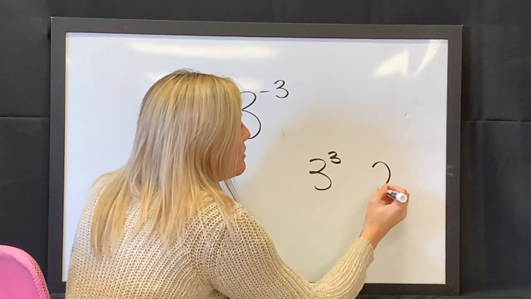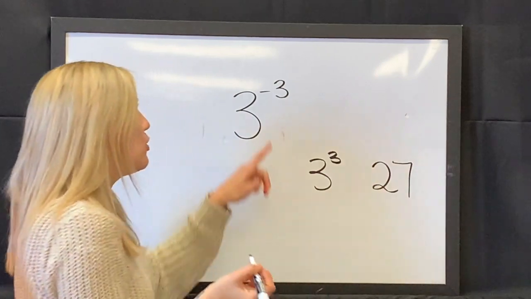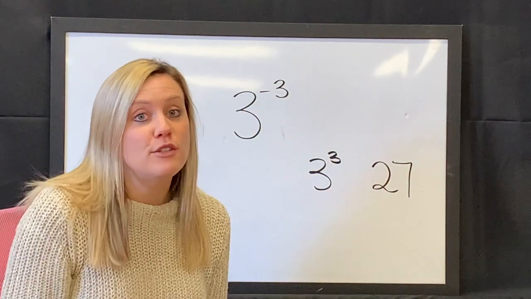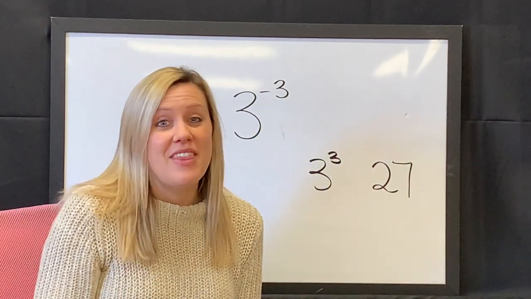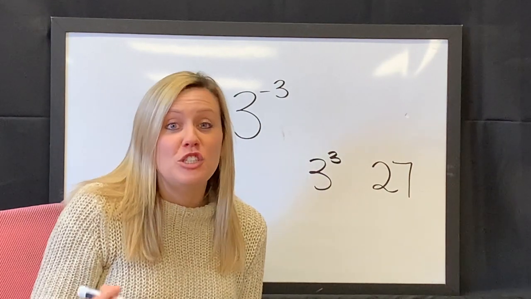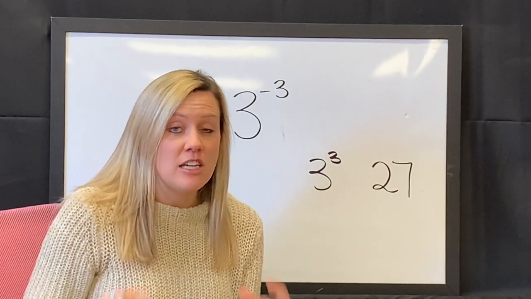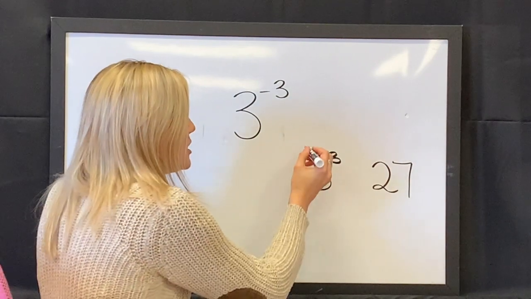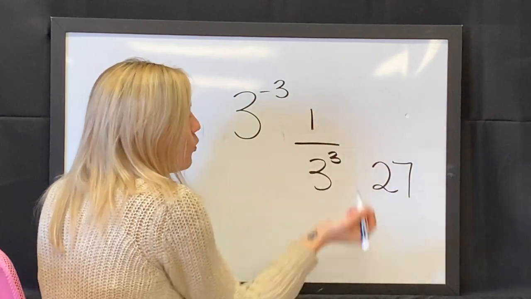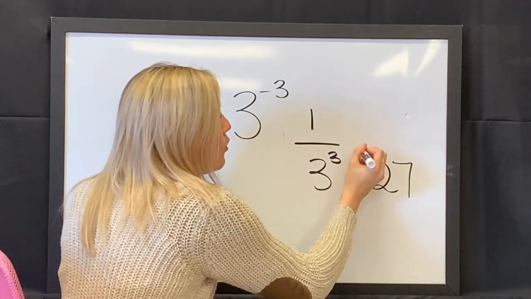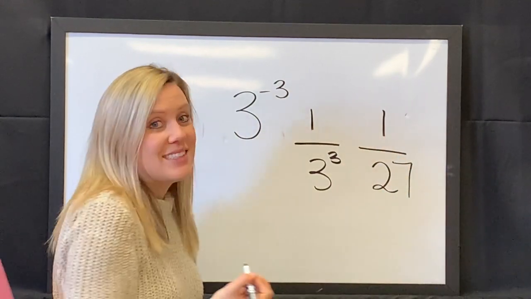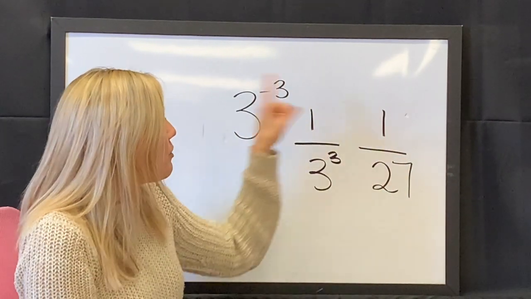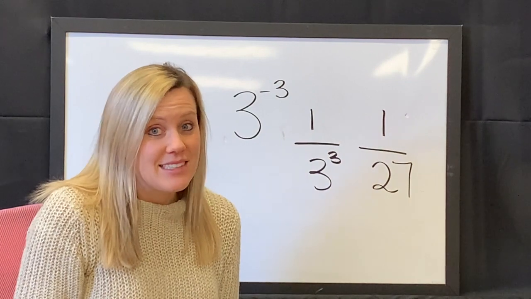So, like I said earlier, whenever you see a negative exponent, that actually means division. So you take that number and you write it in the denominator of a fraction. So we could write it like this, 1 over 3 cubed, or 1/27. So all three of these numbers mean the exact same thing.